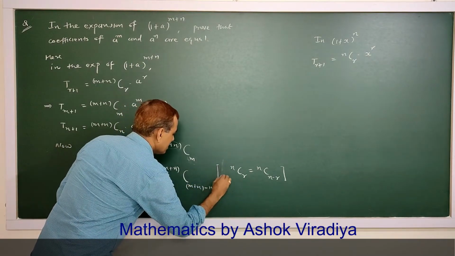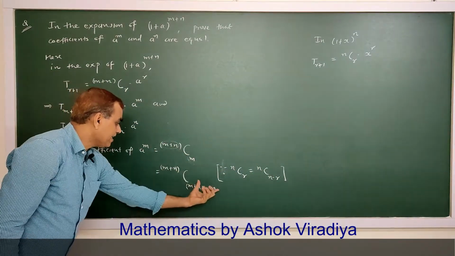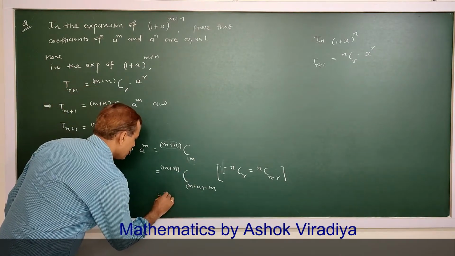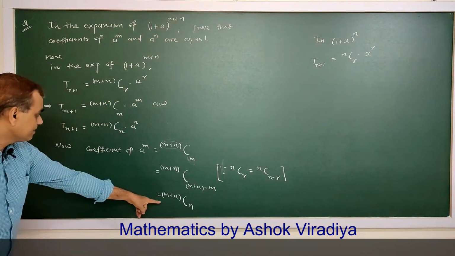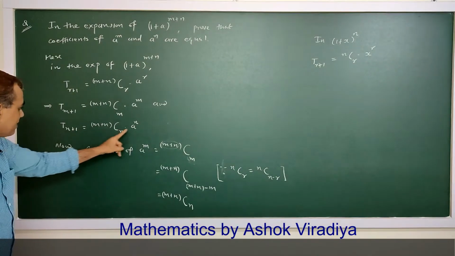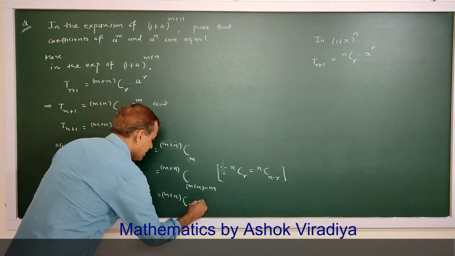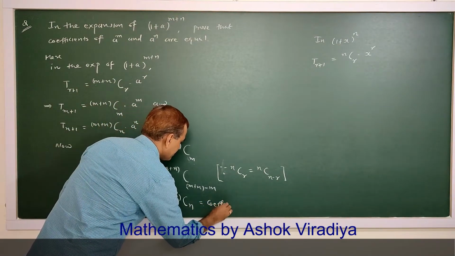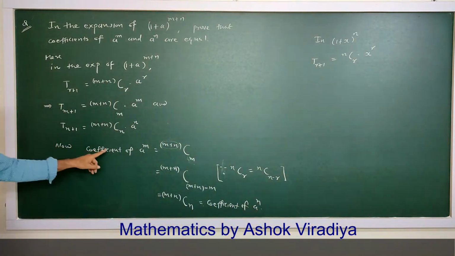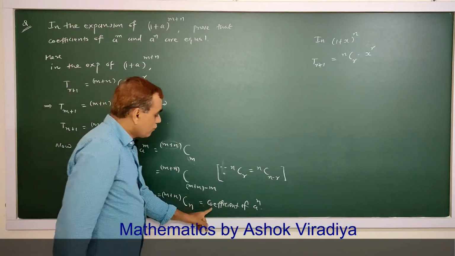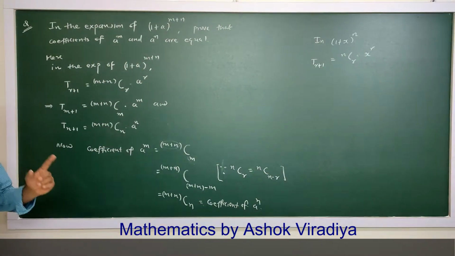So this result is used here. nCr is nC(n minus r). So it is equal to m+n C n. And what is it? It is the coefficient of a raised to n. So the coefficient of a raised to m is equal to the coefficient of a raised to n. So they are equal. Result is proved.